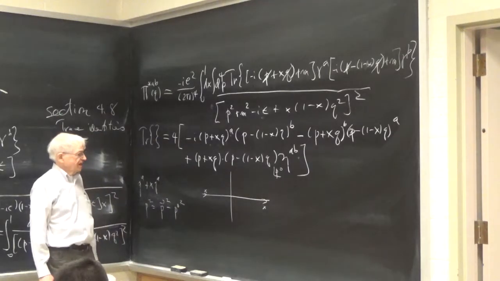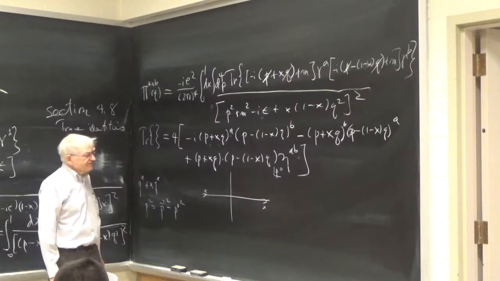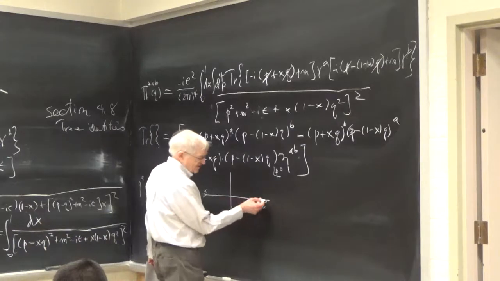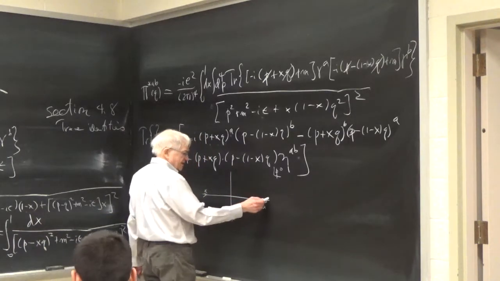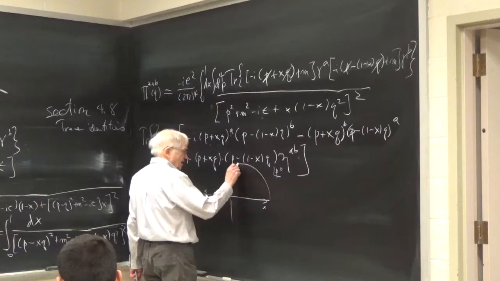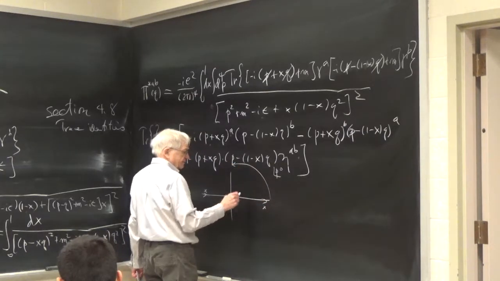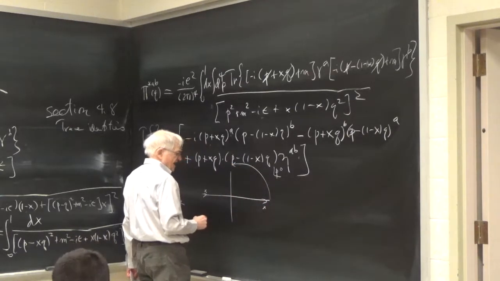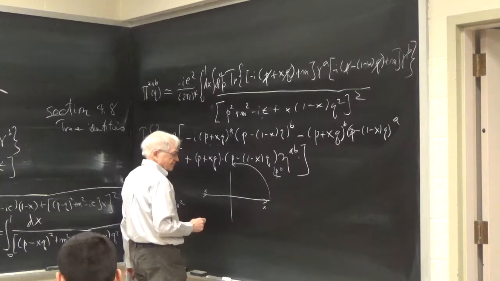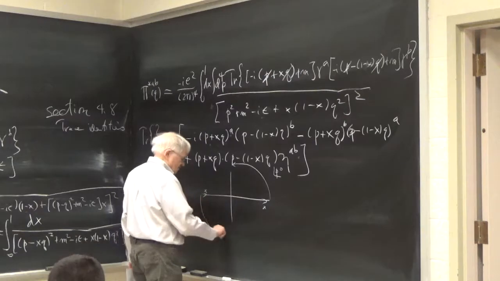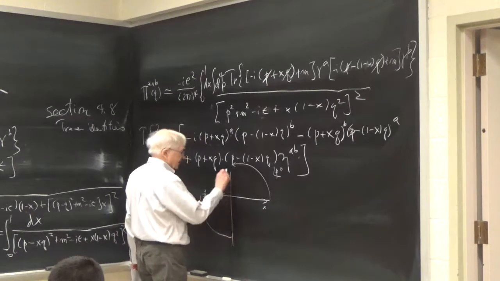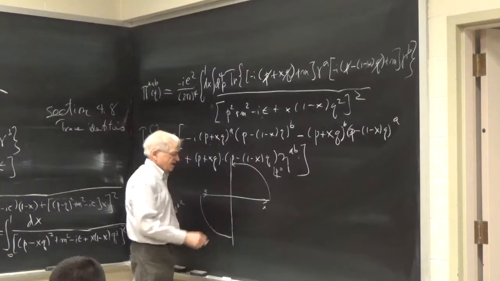So, if instead of having p0 be real, we added a contour up here, now, what about that contour? That contour is what I called, in the complex variable course, a ghost contour.